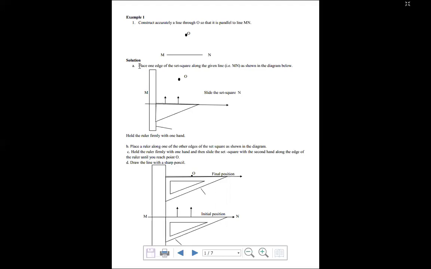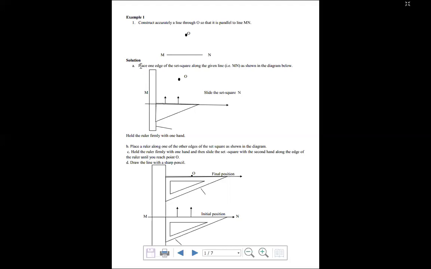So quickly, I would just talk about the first method. It has to do with constructing this parallel line with a ruler and the set square. So here are the steps to follow.